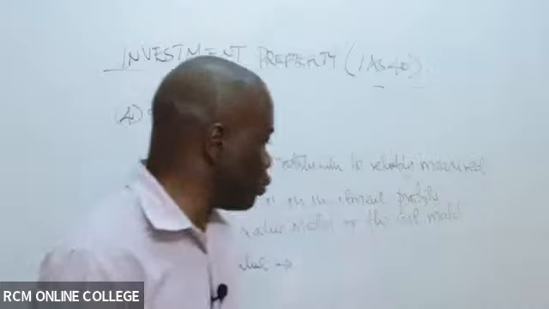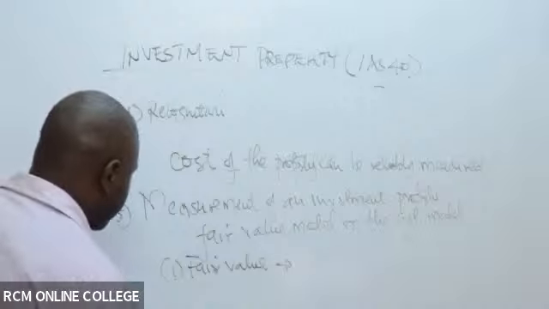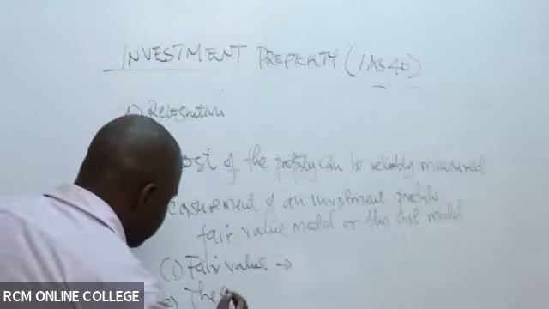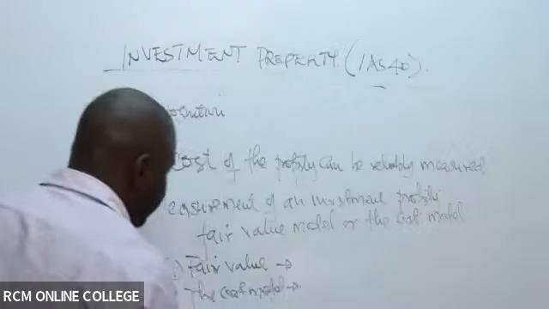Then number 2, we're talking about the cost model. So under the measurement, the cost model, how do you deal with it?